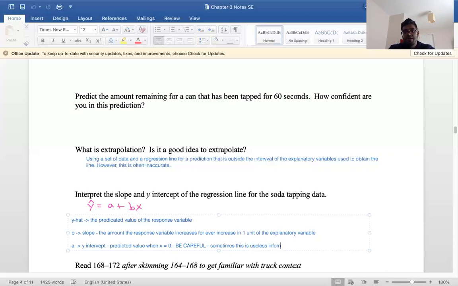If I'm looking at height and weight of an individual, or I just did one which was blood pressure and sugar levels, if your blood pressure is 0, you're dead. So it doesn't make sense to have that sort of extrapolation. So just be careful when you talk about that, because sometimes it can be useless, and then you just have to mention that it's a y-intercept, but we're not going to expect someone to have a blood pressure of 0.